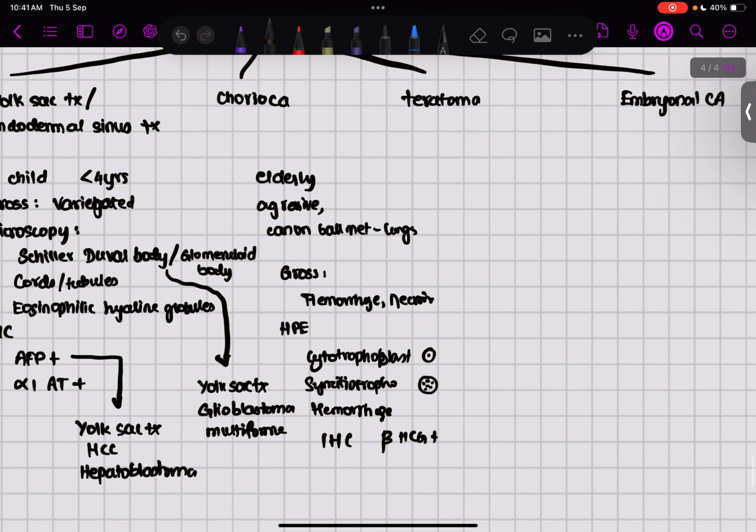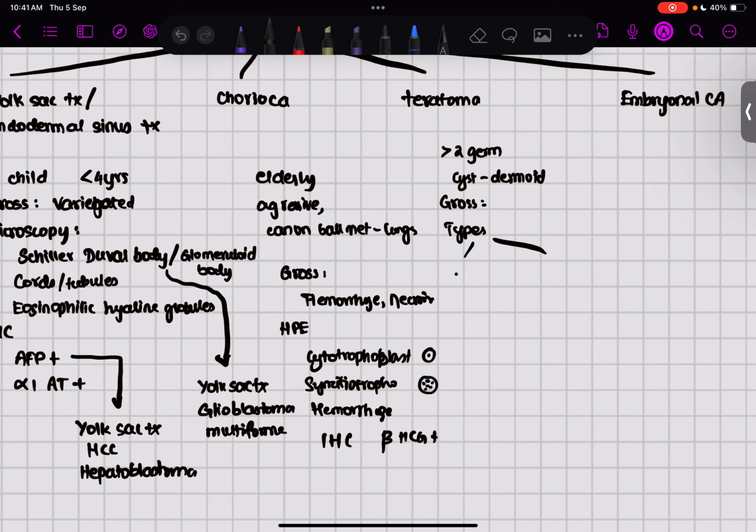Now comes testicular teratoma. Features are it has more than 2 germ layers, and when it forms cyst it is dermoid. Gross shows skin, hair, nail, bone, teeth, etc. Types: there are 2 types, mature and immature.